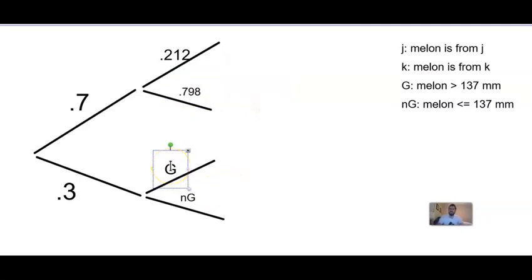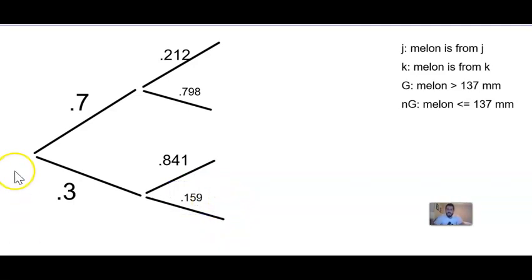And then if it comes from distributor K, we know it has a probability of 0.841 of being larger than 137 millimeters, which means the probability that it's not is 0.159, because it's just 1 minus that probability.